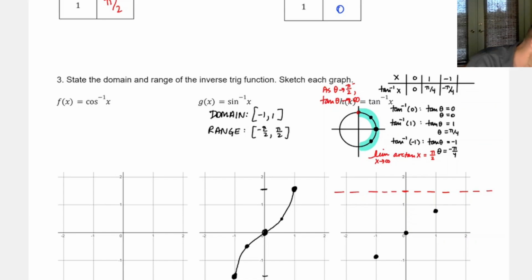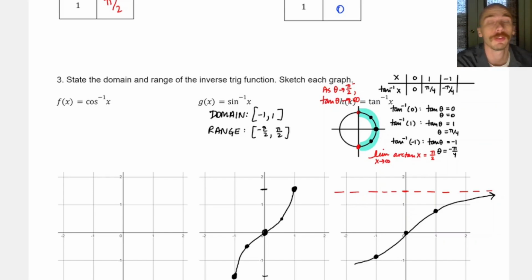Okay, that does not look like that. Pretty much what I've got here is there is going to be a point of inflection at x equals 0, and I'm approaching that horizontal asymptote. But there's another horizontal asymptote, because as x approaches negative infinity, when does tangent approach negative infinity?